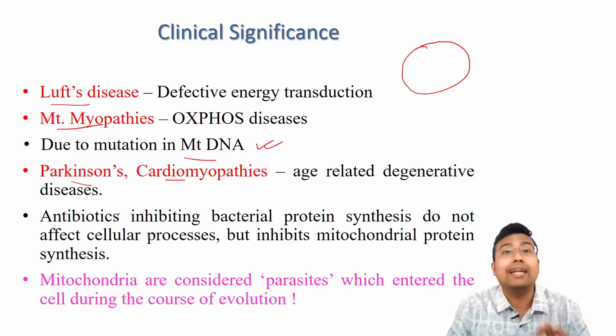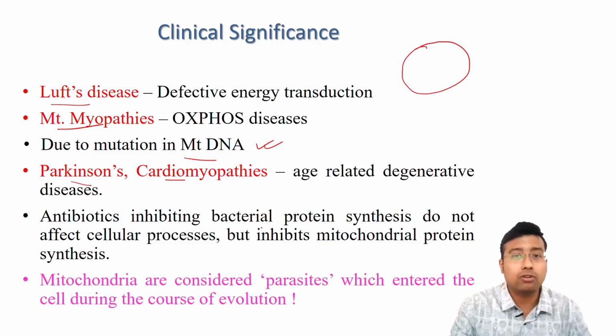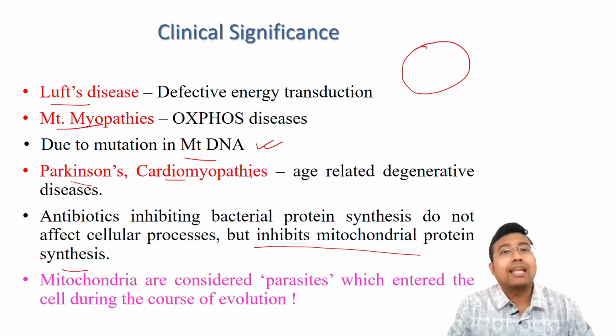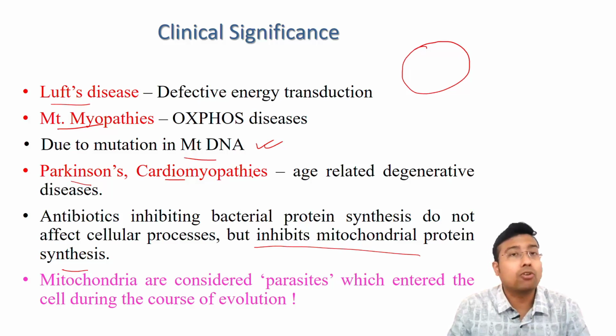That is why the side effects of all antibiotics are there, because they inhibit mitochondrial protein synthesis, right? You know what, mitochondria actually look like bacteria. As I told you, the DNA is circular. Moreover, there are multiple genes and codons that are different in mitochondria compared to normal eukaryotic cells.